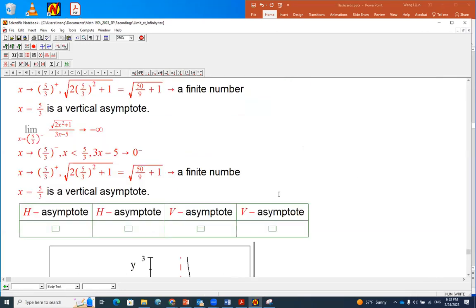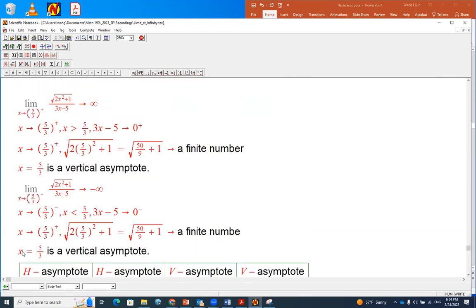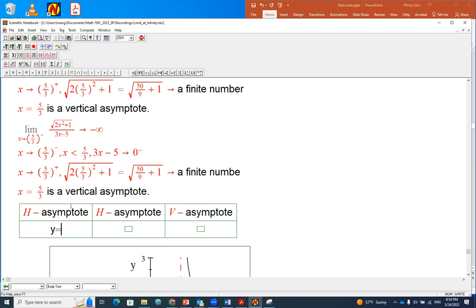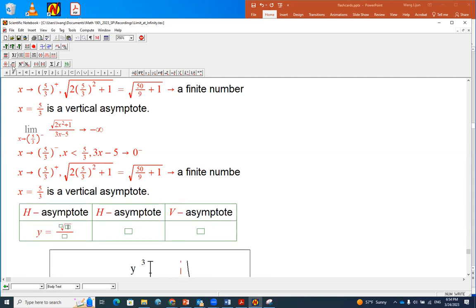We have only one vertical asymptote, so we don't need 4 columns, just 3. The horizontal asymptote is y equals √2/3. That's one. And the other one is the horizontal asymptote that is negative.